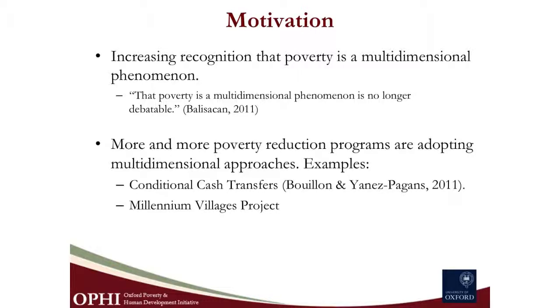The idea is that tackling different deprivations at the same time, simultaneously, we might draw on the synergies between those different areas of interventions and enhance the effectiveness of these interventions. So instead of just acting on health, we act on health and schooling, on health, on education, and we hope that the final effect is bigger.